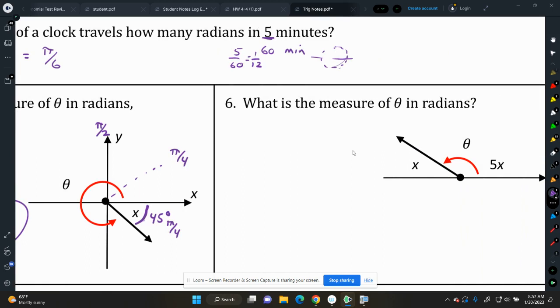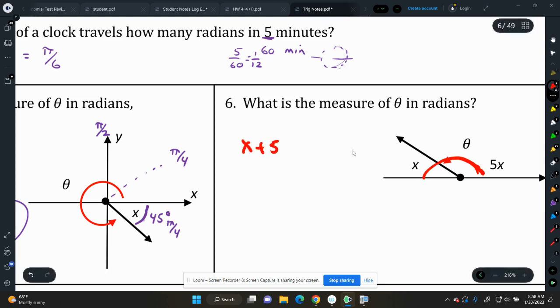What's the measure in radians of theta? Okay, so what's theta? So we have 5x here, and then we have x. Well, what does x plus 5x equal? 6x, okay. And how many degrees is 6x? 180.